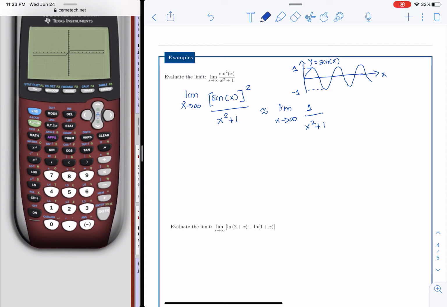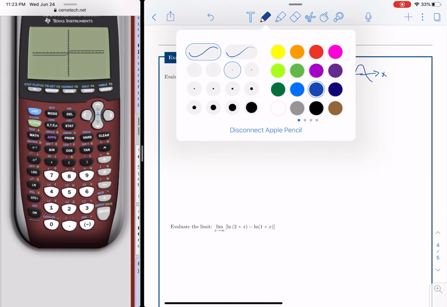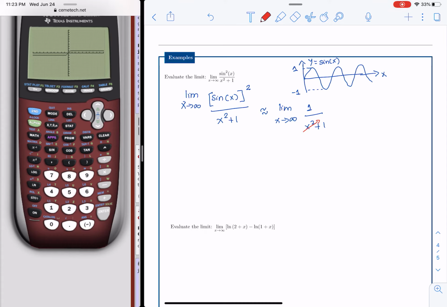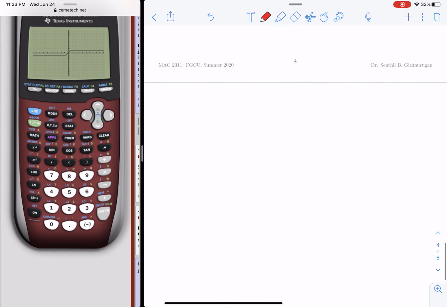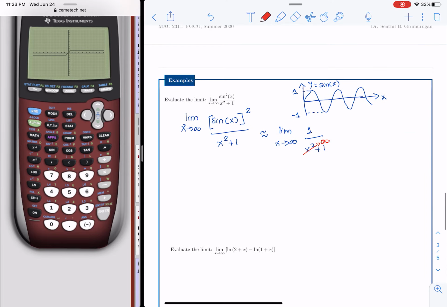As x approaches infinity, x squared is going to get larger and larger. So we are dividing a number which is 1 or less than 1 by an extremely large number, which is infinity. So 1 over infinity would be 0.